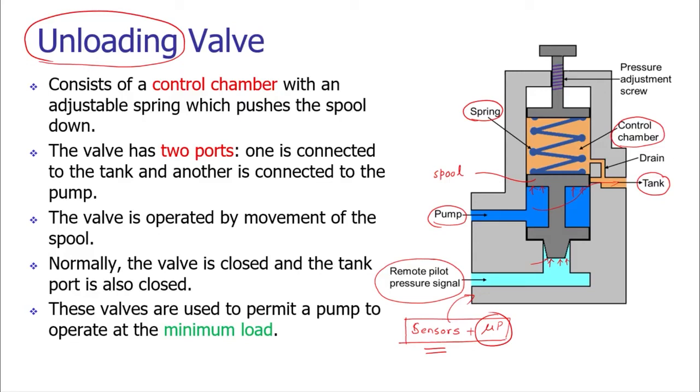As we push the spool upward, the tank port will get open to the pump port, and the excessive pressure which is built up at the pump will be released by bypassing the excessive pressurized fluid through the tank.